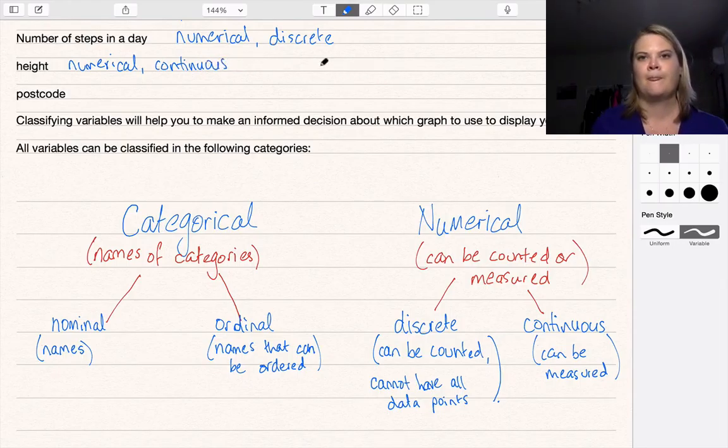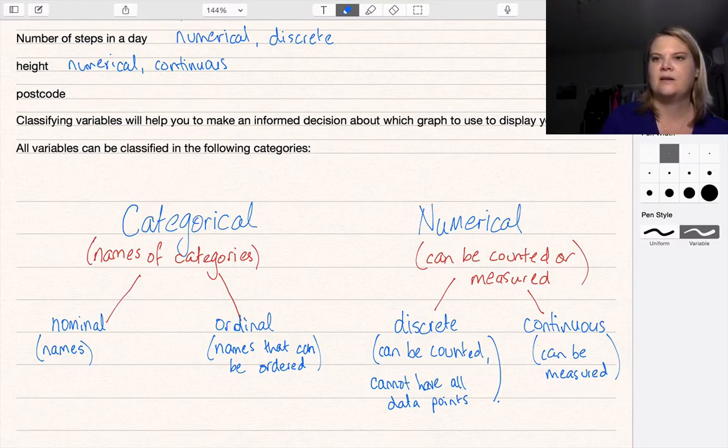Postcode is a tricky one. It looks like it would be numerical, but it can be useful to think about numerical data as things. Is it useful to calculate the mean or the average of this data?